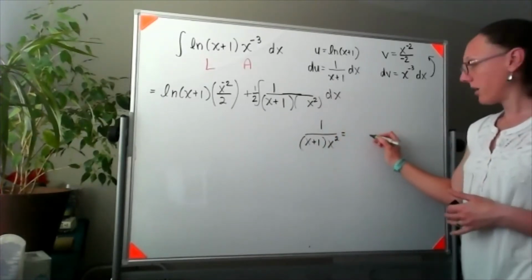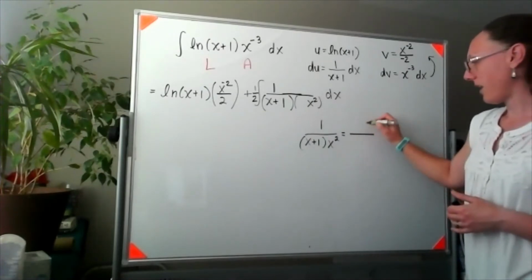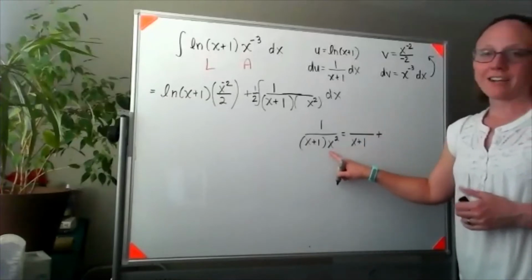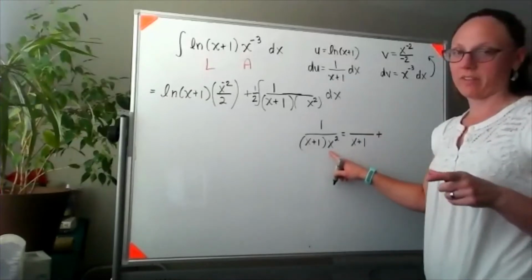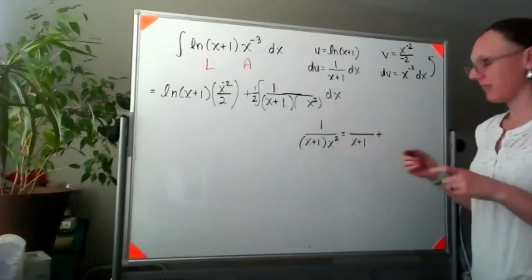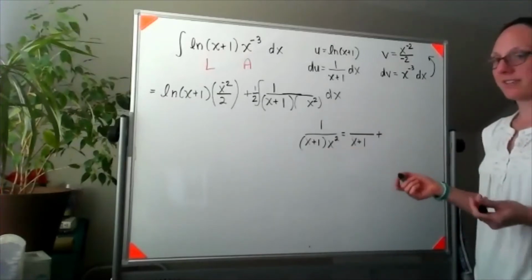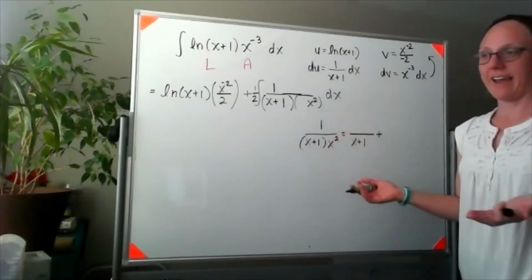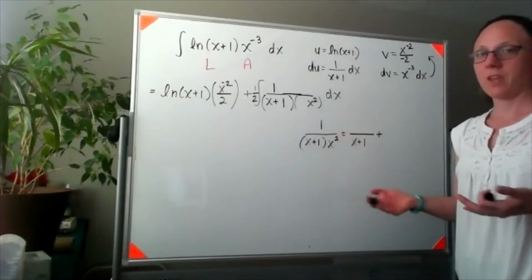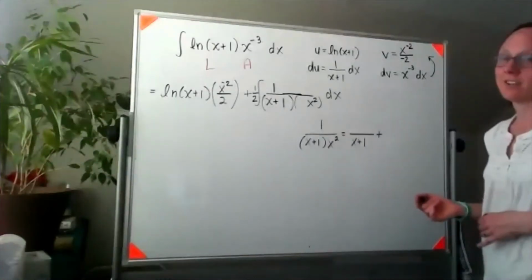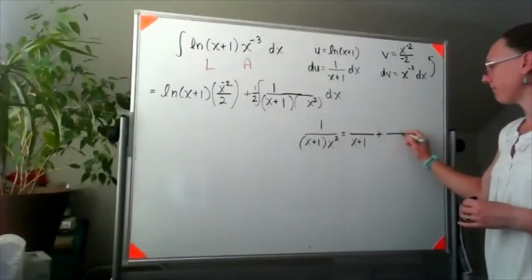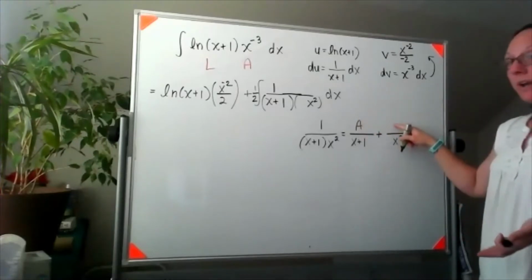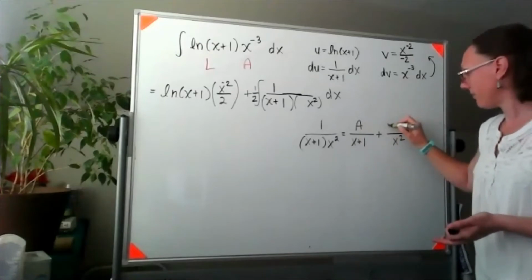I can break this apart to say I've got x plus 1. And there are actually 2 ways to deal with the x squared. And I didn't talk about this yesterday, but we could think about x squared as being an irreducible quadratic. If we thought about x squared as an irreducible quadratic for a second, then what I would put on the top is bx plus c.